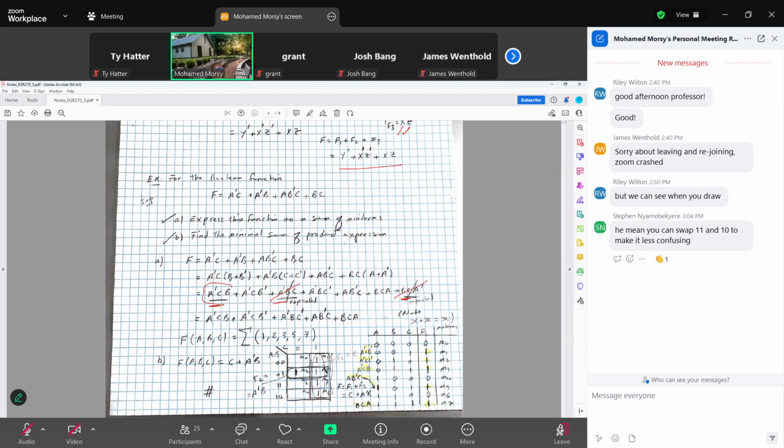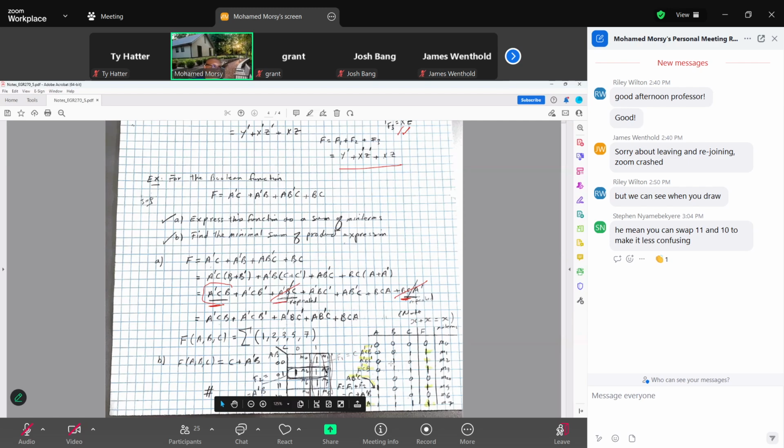We don't know F yet. F is the value of the function. We don't know it yet, but we are given these product terms. So we have to figure out where these product terms are in the truth table, and the corresponding F will be 1. Let us look at the first one. A inverted CB. A inverted means A is 0, and C is 1 and B is 1. So we look at that in the table.